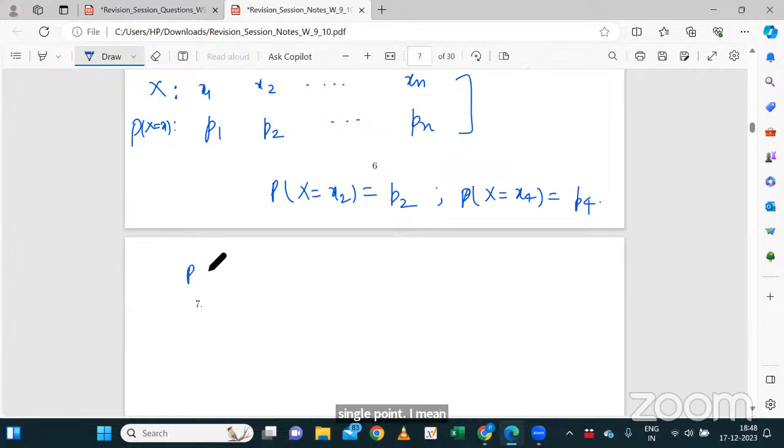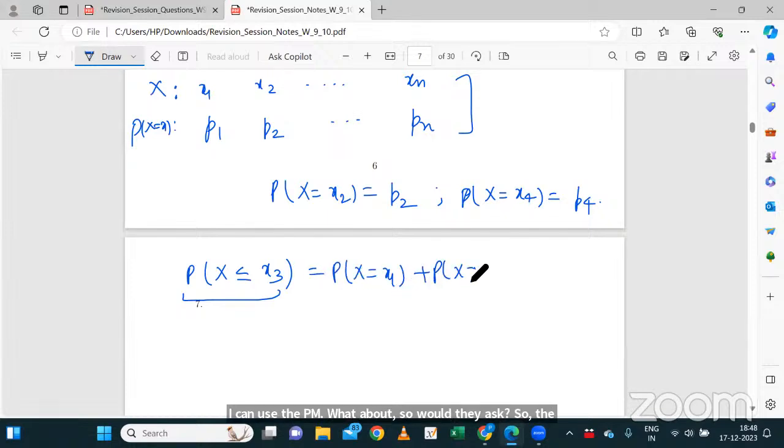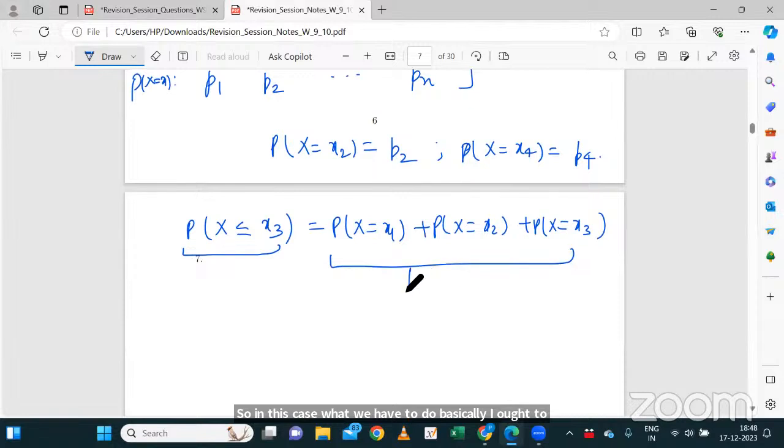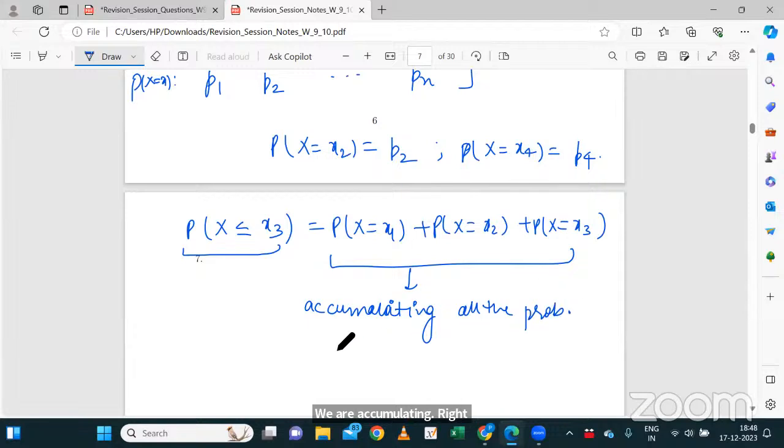What about, suppose I ask probability X less than or equal to x3? In this case, I have to consider all the cases till x3, right? So what we are doing here is accumulating all the probabilities till x3.